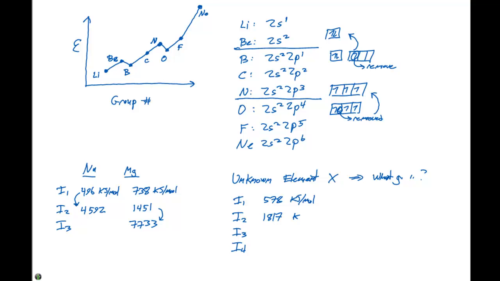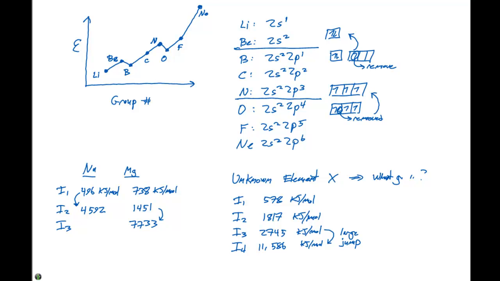The second is 1817. The third is 2745. And the fourth is 11,586 kilojoules per mole. So the large jump in ionization energy that we see is from 3 to 4.